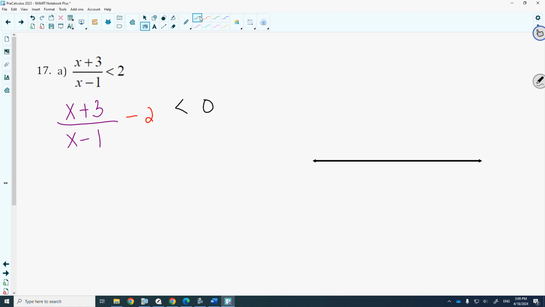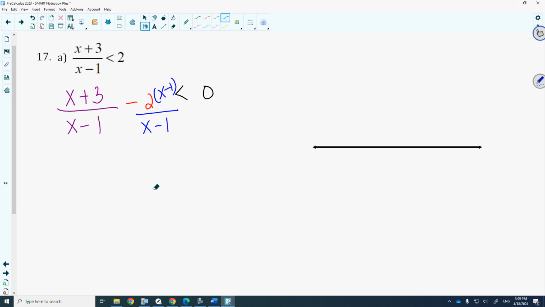Now I want to do common denominators. So I've got an x minus 1 here. I want an x minus 1 here. My denominator is x minus 1. I could see this critical value right away. Critical value at 1, non-permissible value. My numerator, expand this out.